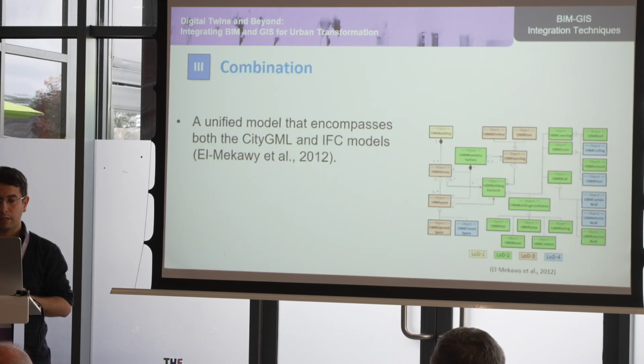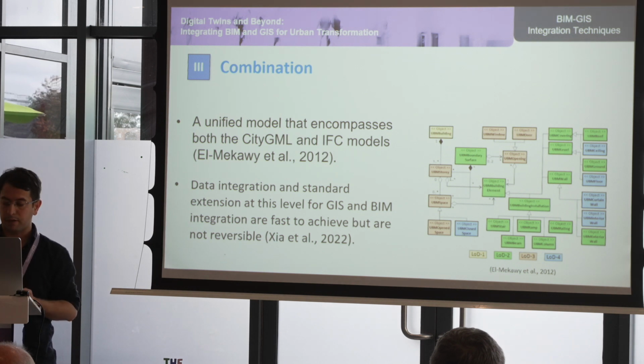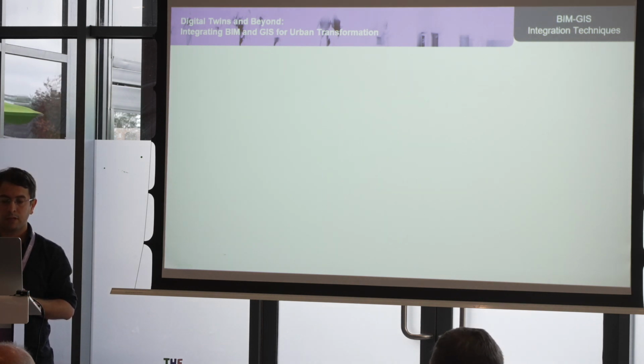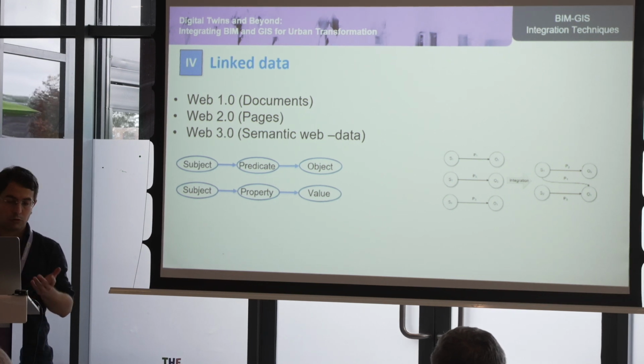Regarding combination, using this method, we are creating a unified model from CityGML and IFC, but the disadvantage of this method is that we are creating a new standard, so we cannot view it using the viewers in the market right now. And finally, using linked data, we're all familiar with Web 1.0, in which we use hyperlinks in order to connect documents.